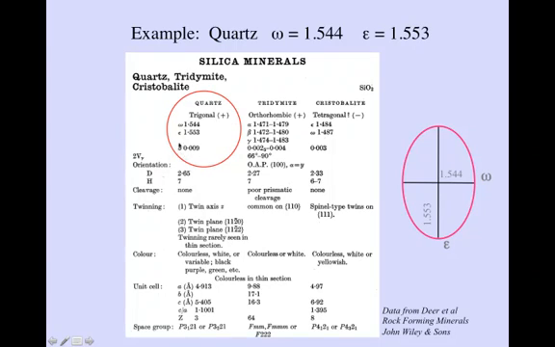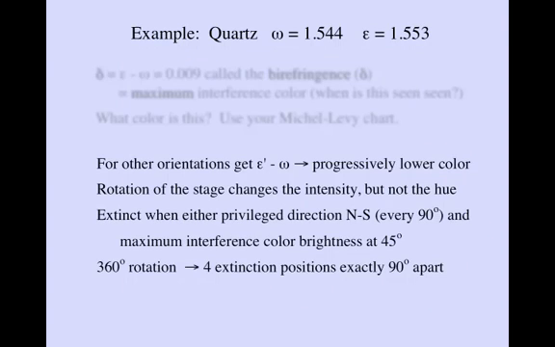So for quartz, you're expecting a birefringence that corresponds to this value that's on your Michel-Levy chart. Any other orientation that's not parallel to the extraordinary or the ordinary ray, you'll get a lower birefringence color.